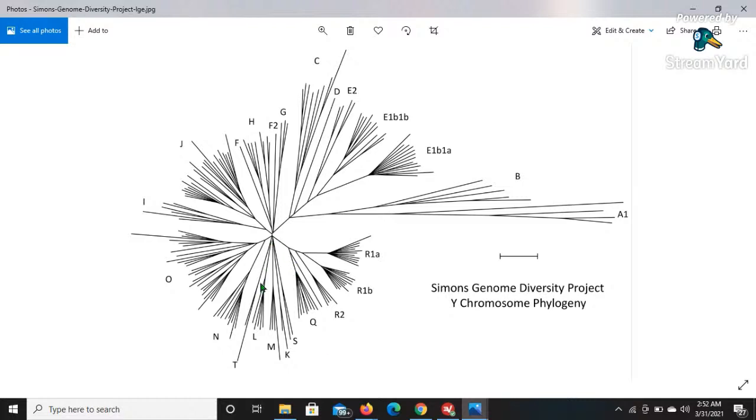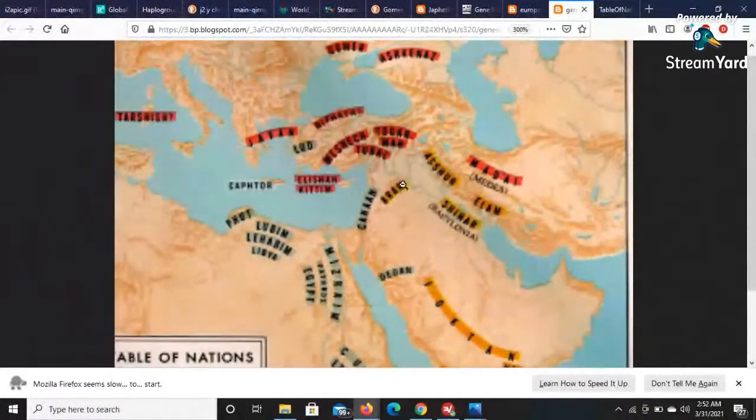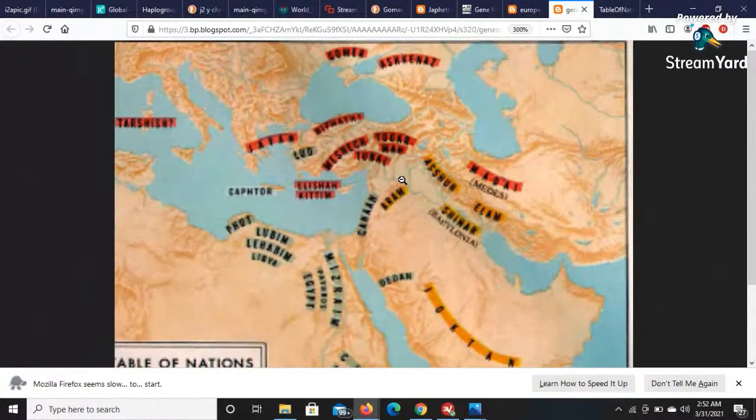Go all the way back to the beginning. So we'd have to do some more investigation probably, but we have the Madai. We got the Gomer. They can't make up their mind if they want Gomer up here or yeah, Meshach, Tubal, Javan.